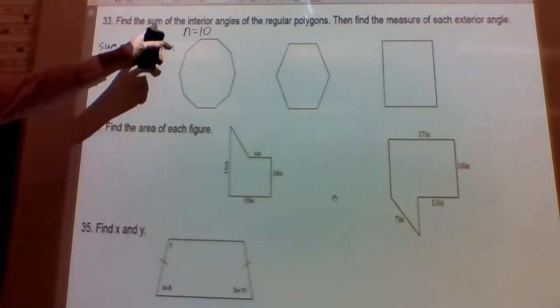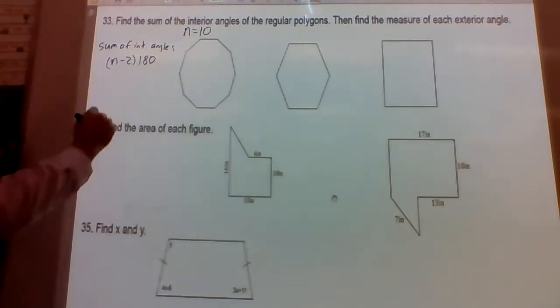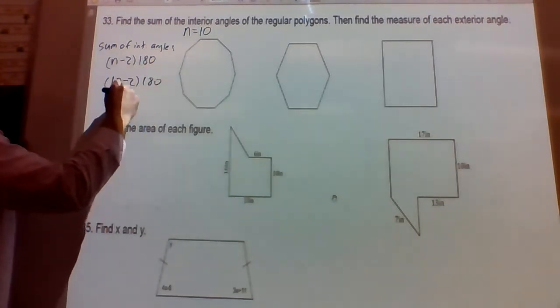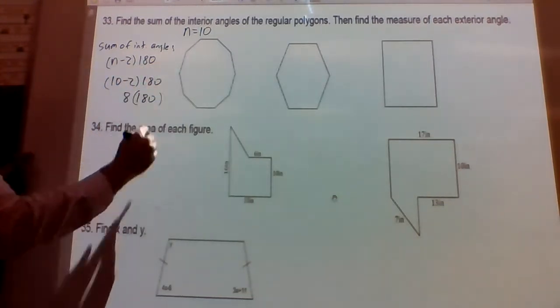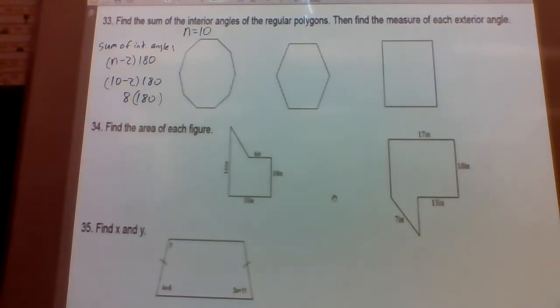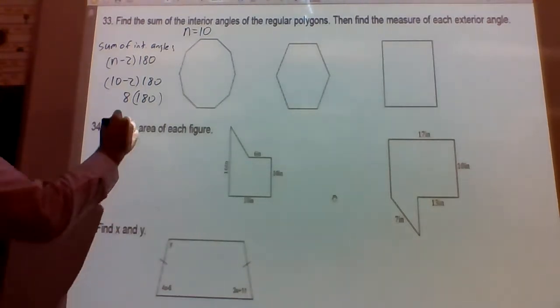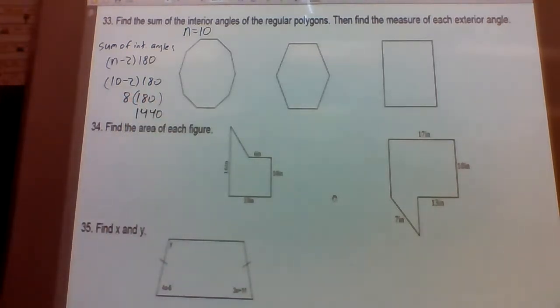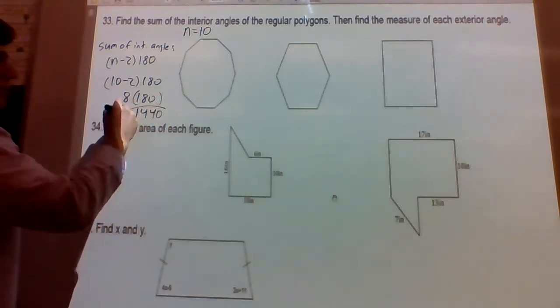All we have to do is substitute in: 10 minus 2 times 180, which is 8 times 180. That's going to be 1440, I believe. 180 times 2 is 360, 720, 1440. So the sum of the interior angles is 1440.